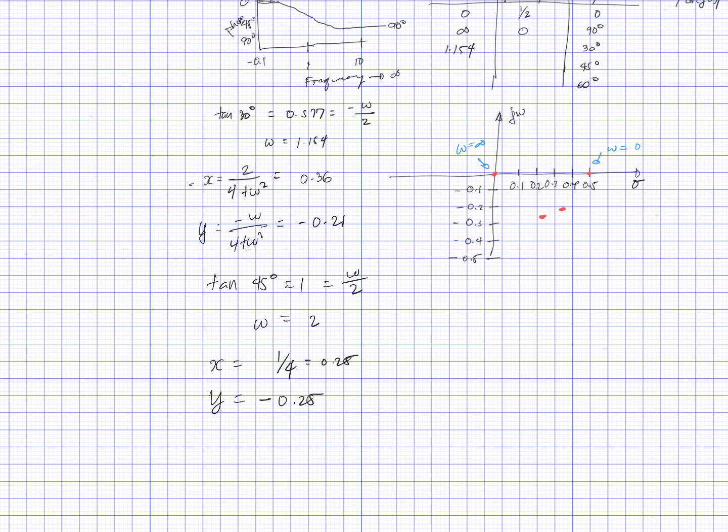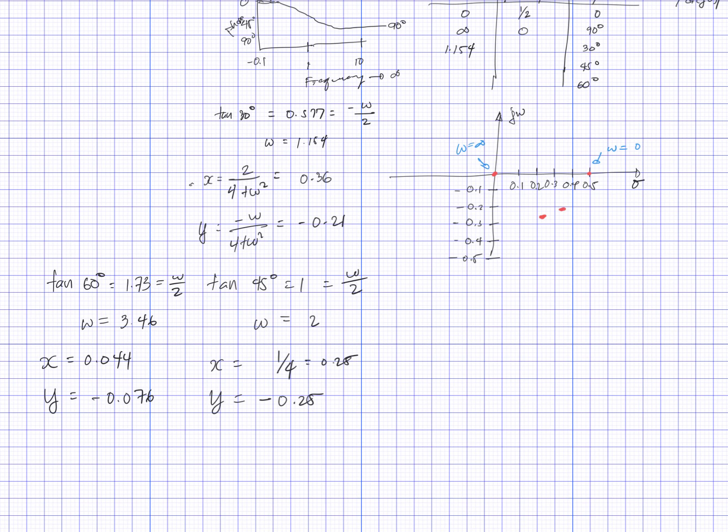And then now for the tangent of 60 degrees, that will give us 1.73, and that is equal to omega over 2, and omega is equal to 3.46, giving us an x of 0.044 and a y of negative 0.076.